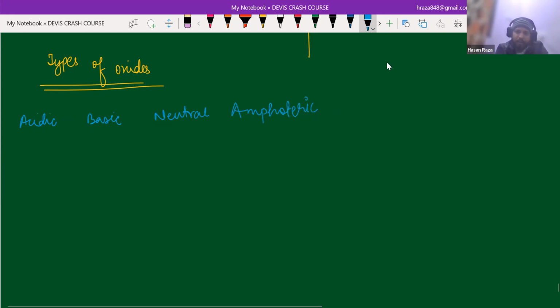You know what amphoteric oxide is, right? Amphoteric oxide can react with acid as well as base. First of all, you need to remember this list, that is, neutral oxide.